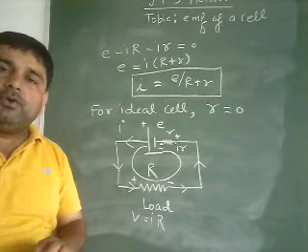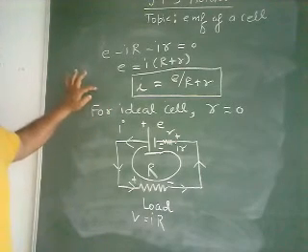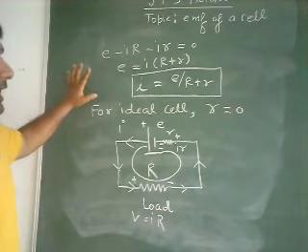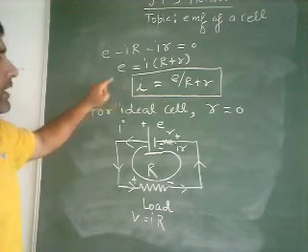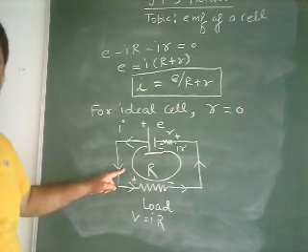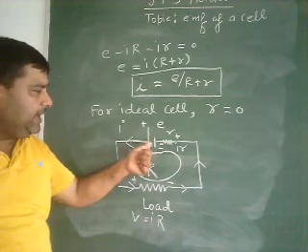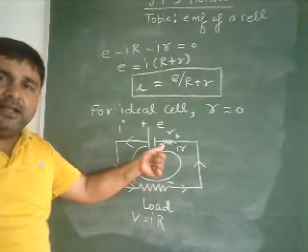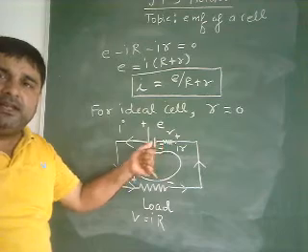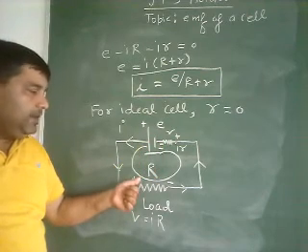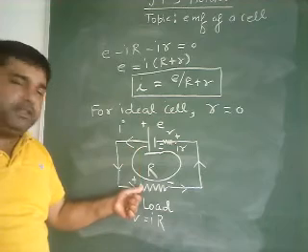I have told what the circuit current is. You can calculate it with the help of this diagram. In this diagram there is a practical cell having internal resistance r. Internal resistance r is connected with the cell in series, and there is a load resistance which is connected with the cell.